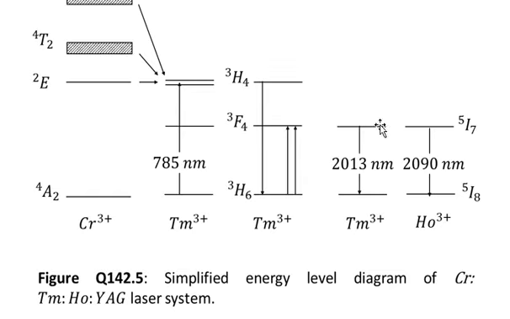And then this will transfer its energy to the 5I7, which is the upper laser level of the holmium ion. So the transition from the upper laser level 5I7 will occur to 5I8, giving you a laser wavelength at 2090 nanometers.